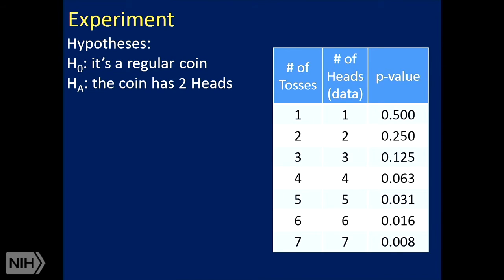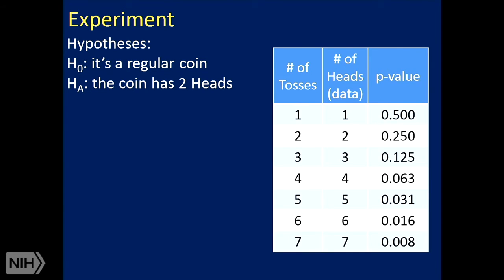So, here are the p-values. So what are these p-values? We haven't talked about p-values. Well, the p-value is the probability of getting, let's talk about the very first one, the probability of getting a head when I actually have the regular coin.